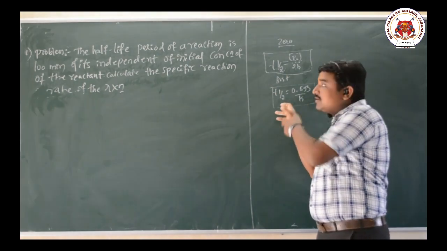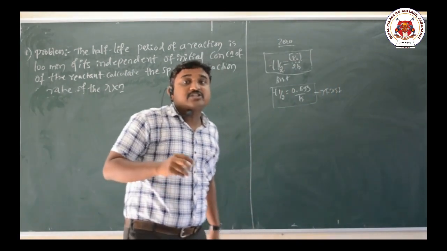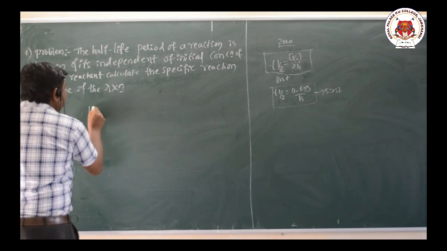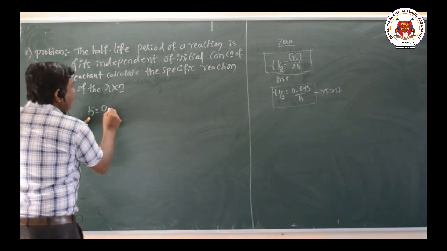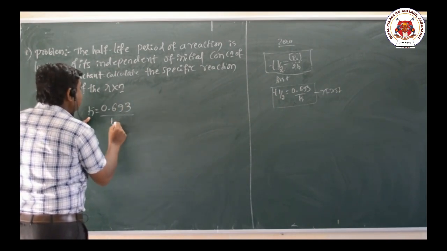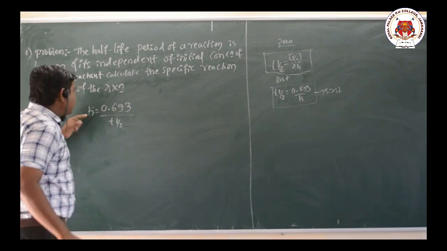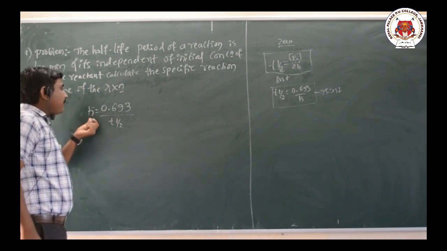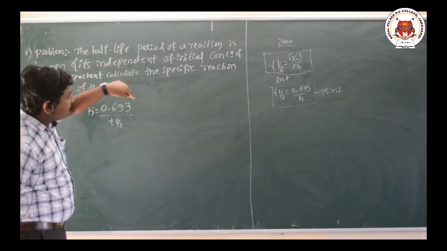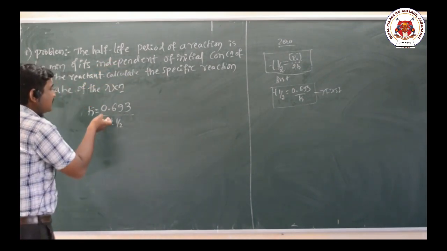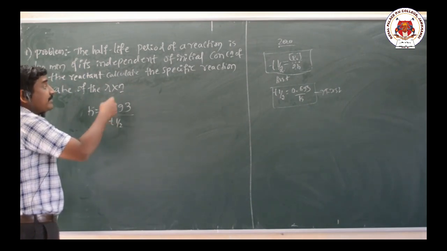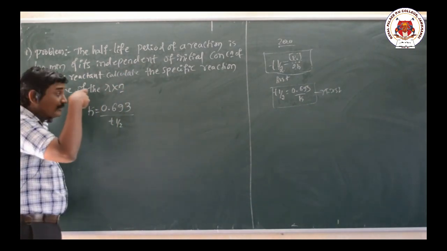So here we know the first order reaction equation, I will write K equal to 0.693 divided by T half. This is the half-life for the first order reaction, because the rate of the reaction is independent of the initial concentration of the reactant.